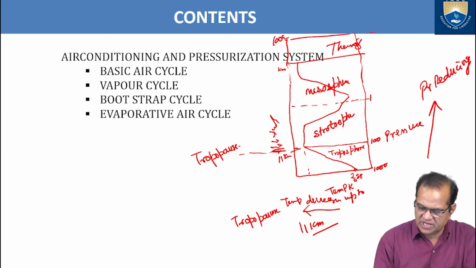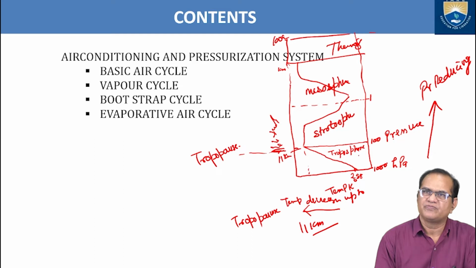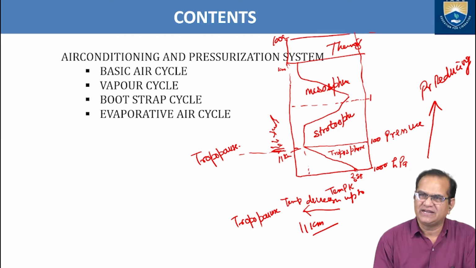If you see here, up to 11 kilometer, your pressure is in hectopascal. So from 288 degree Kelvin, as you go up to 11 kilometer, temperature has reduced, and it is somewhere, it is very low, minus 10 degree here.